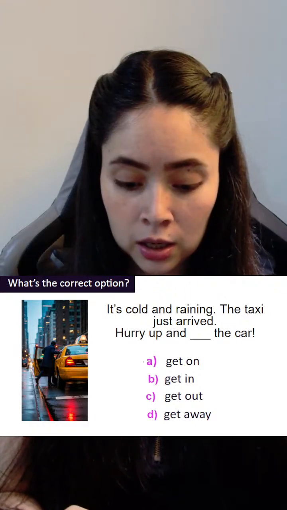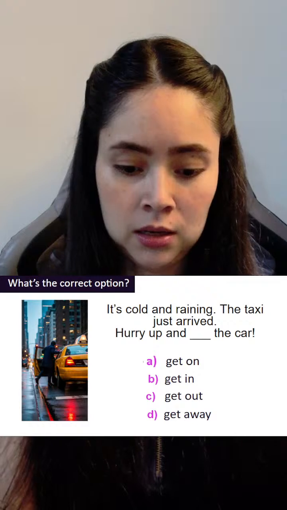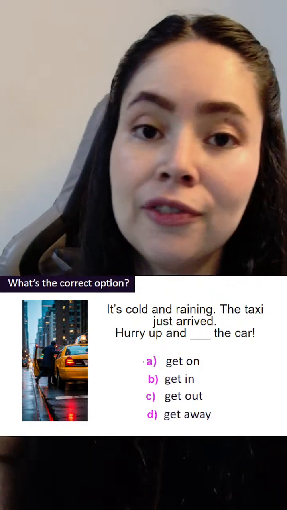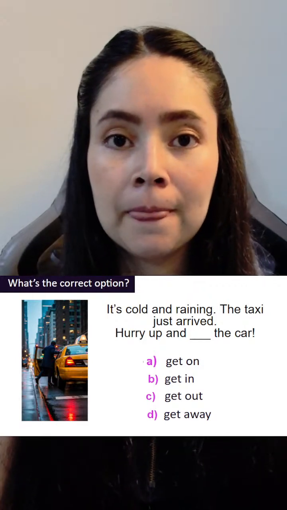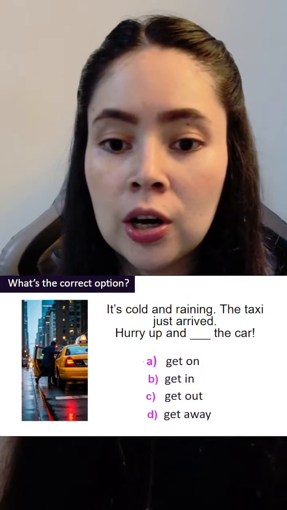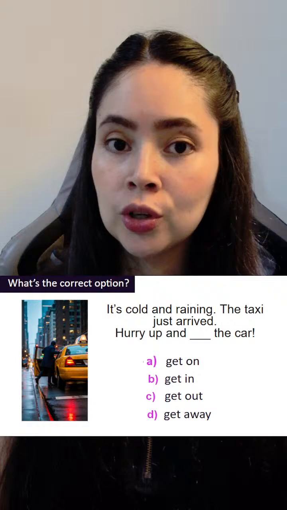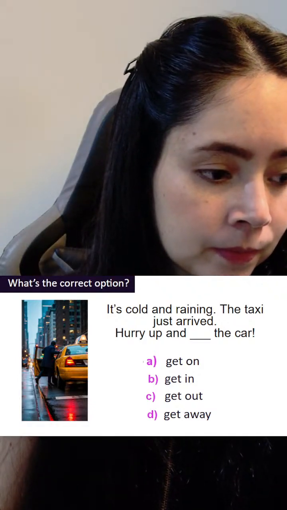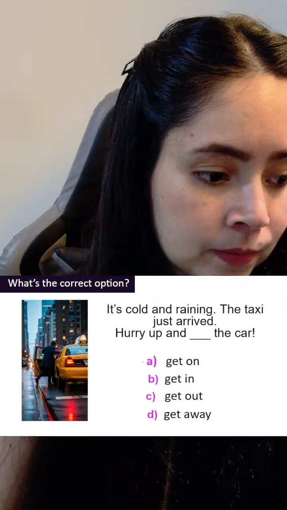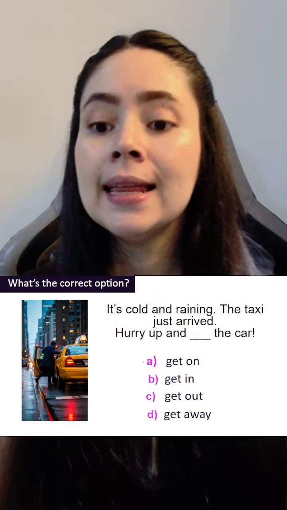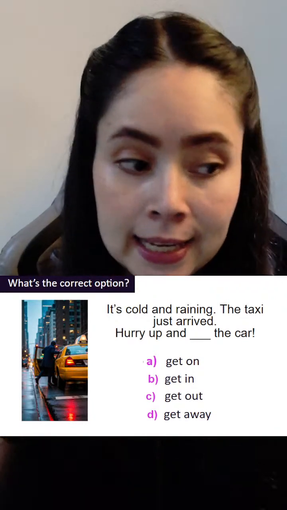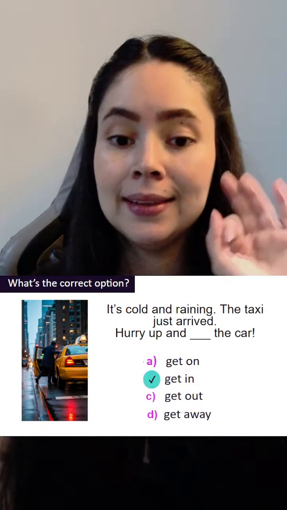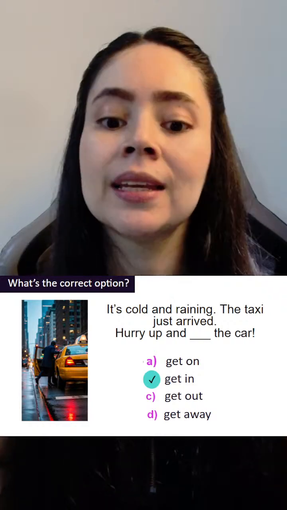So here, think about a phrasal verb, the best option that we can choose to complete that sentence. The correct option here is the second one, the B option, get in.